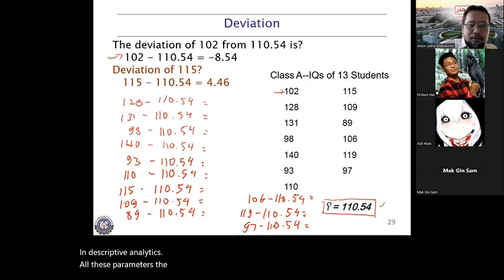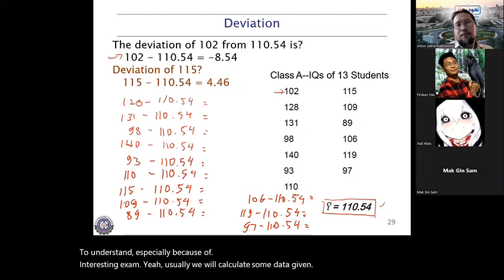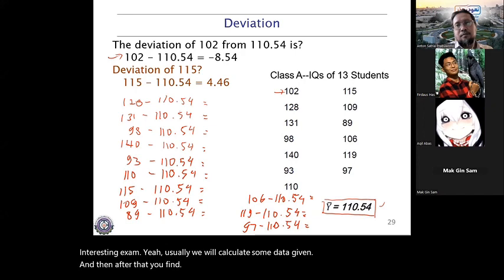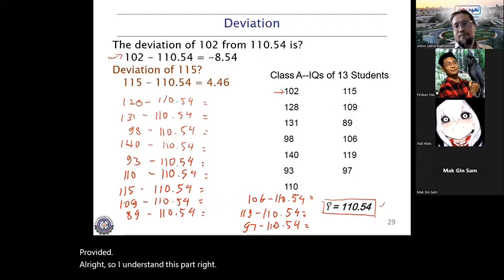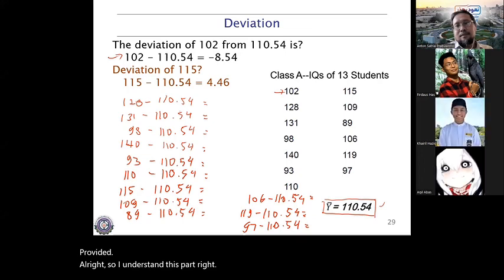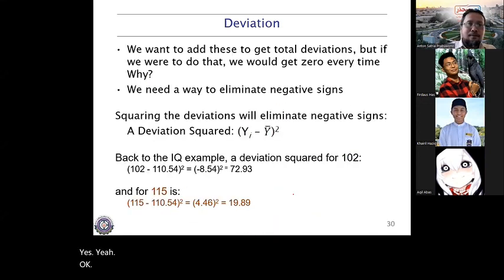It is very important to know this, to understand, especially because in the test, in the exam, usually we will calculate some data given, and then after that you find, of course, to solve the problem provided. All right, so understand this part, right? Yes, sir. Okay. Very good.